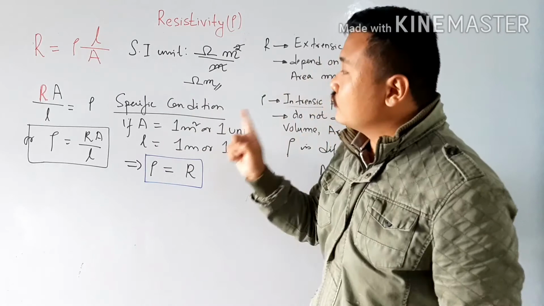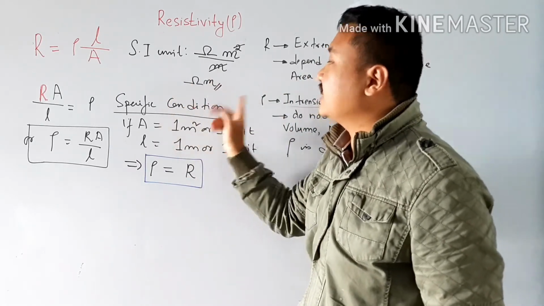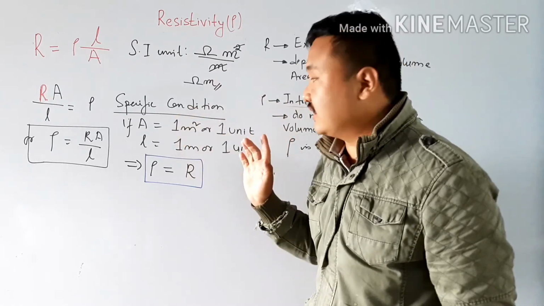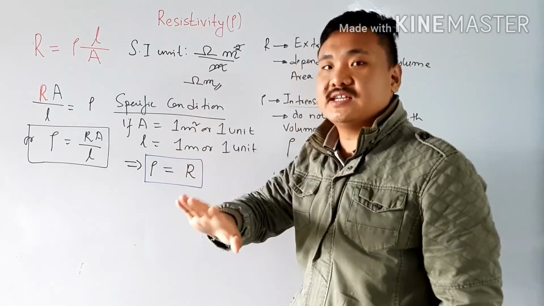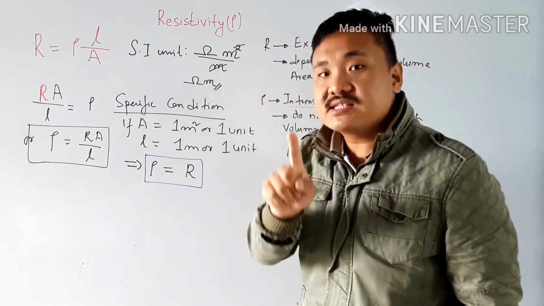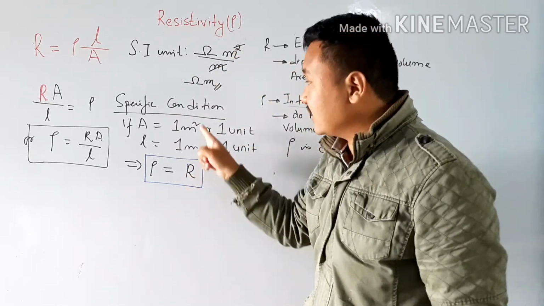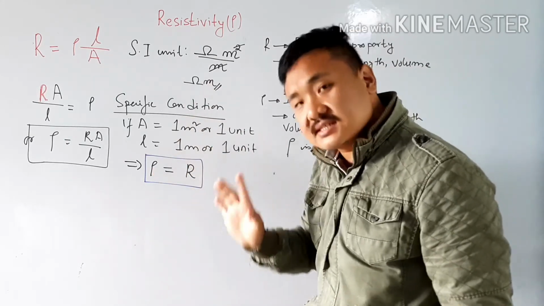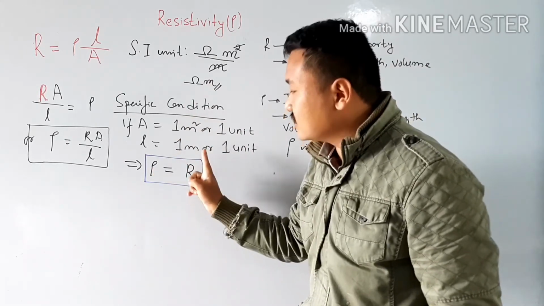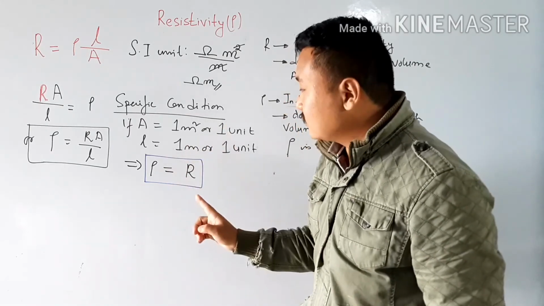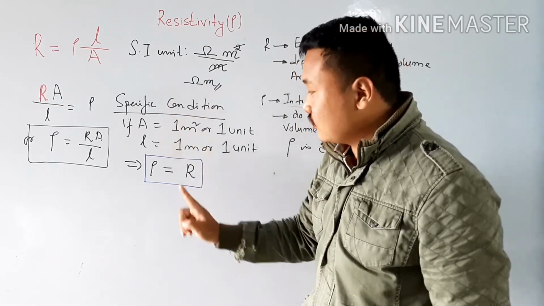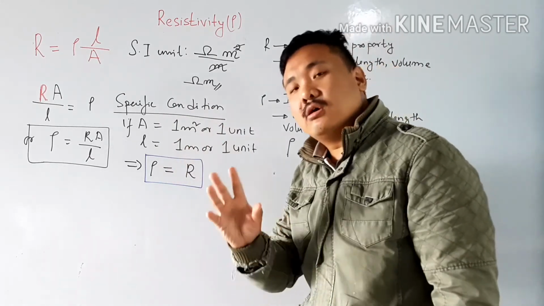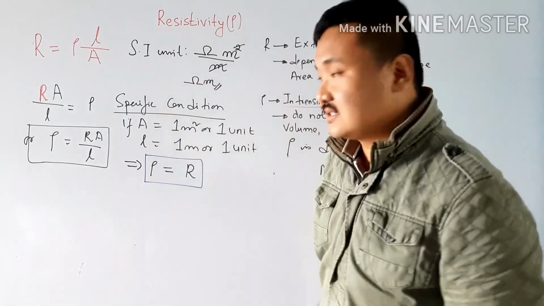Since we have considered a specific condition, this resistivity is also called specific resistance, because in the specific condition, resistivity is equal to resistance. So therefore we say that this resistivity is also called specific resistance.